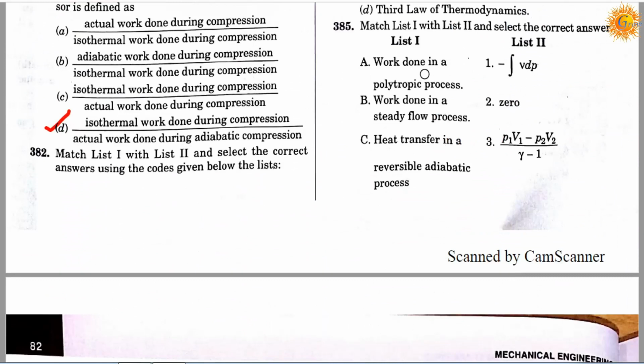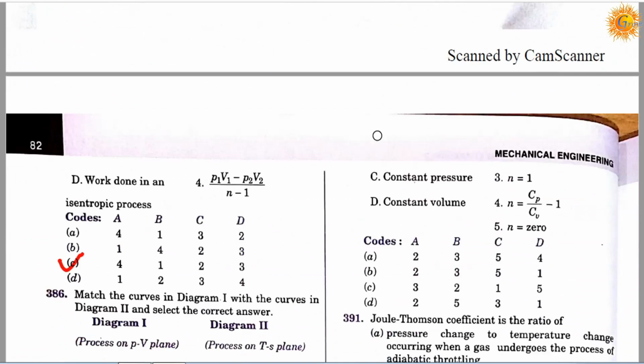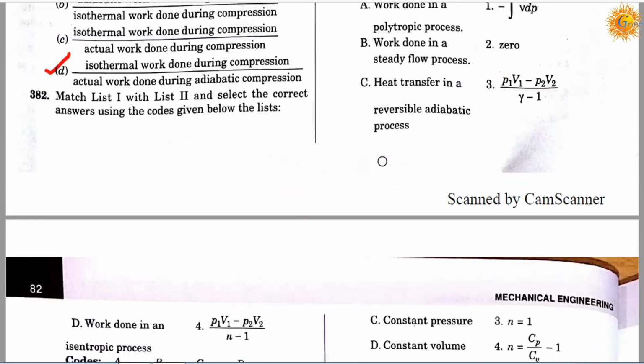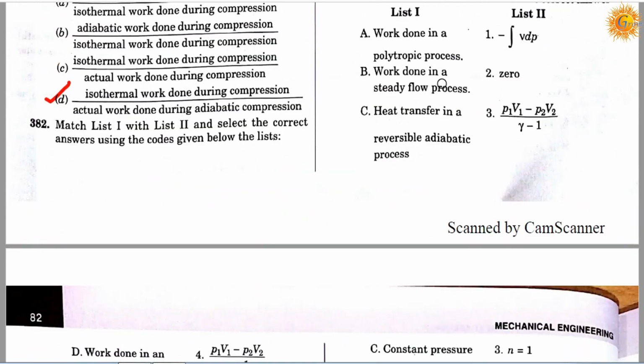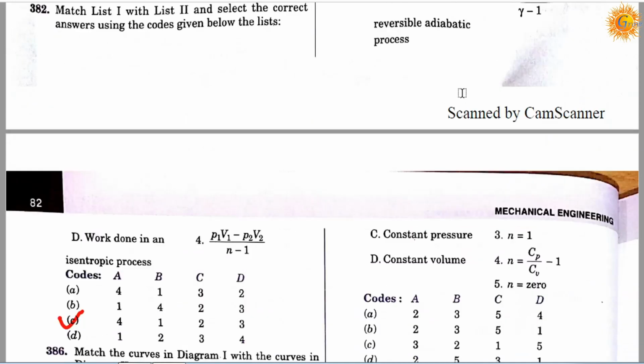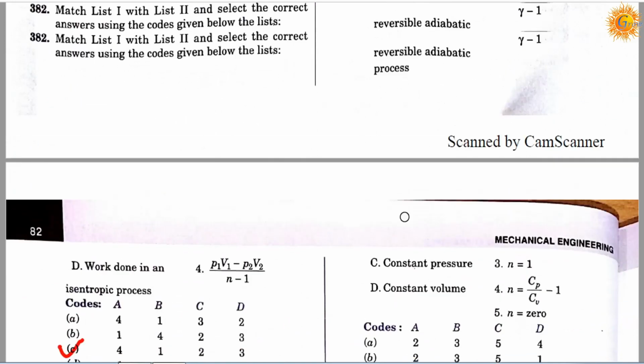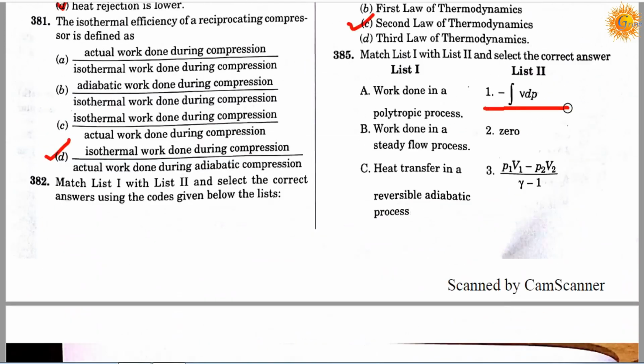When we match with C, work done in a polytropic process is given by (P1V1 minus P2V2) upon (n minus 1), and the work done in a steady flow process is denoted by minus integration of VdP.